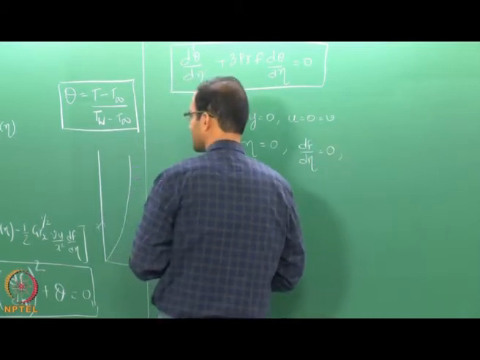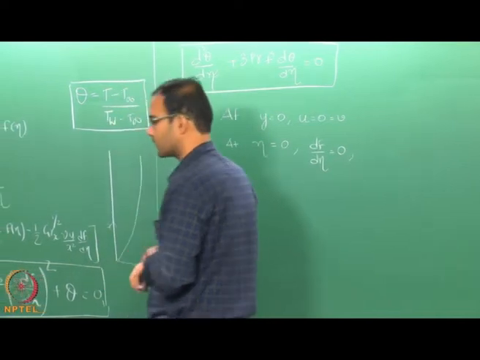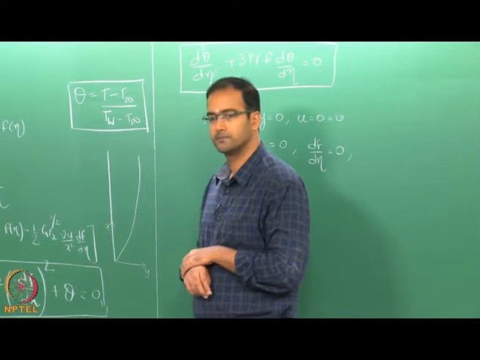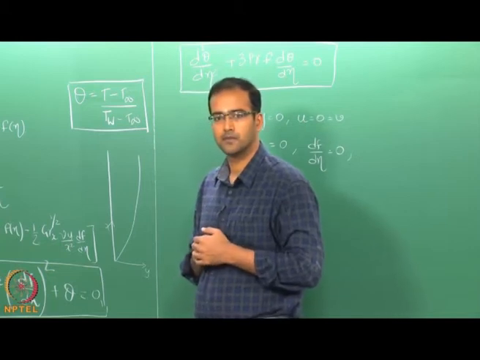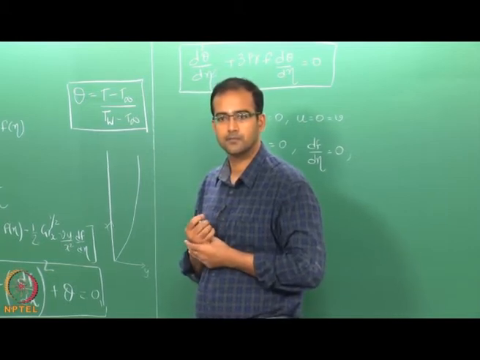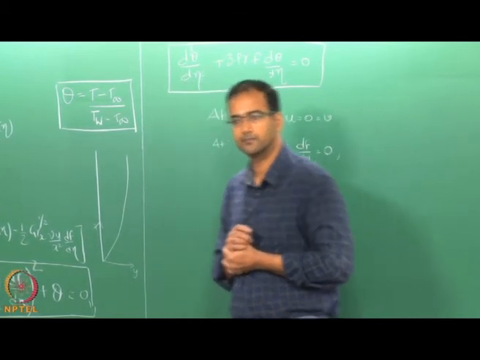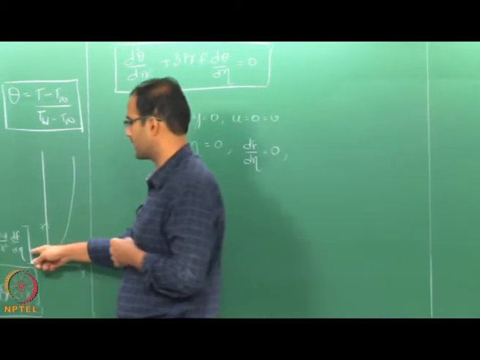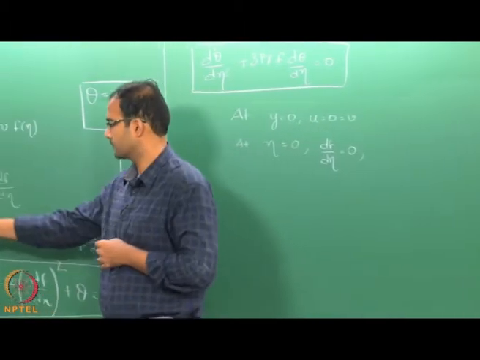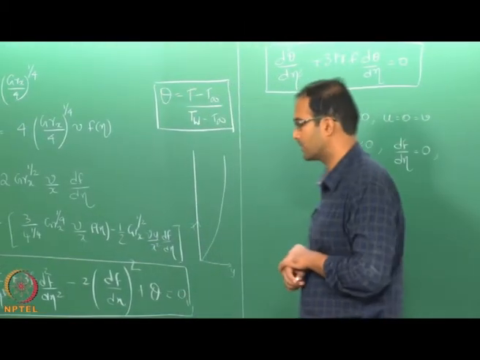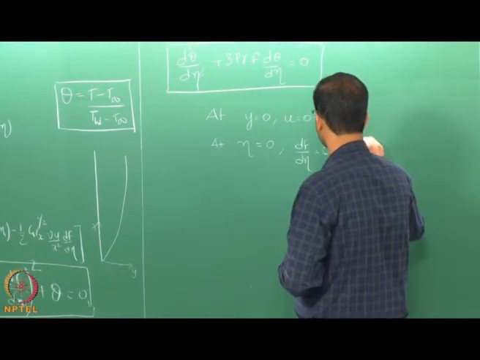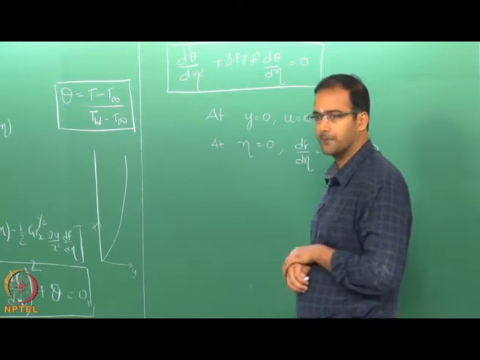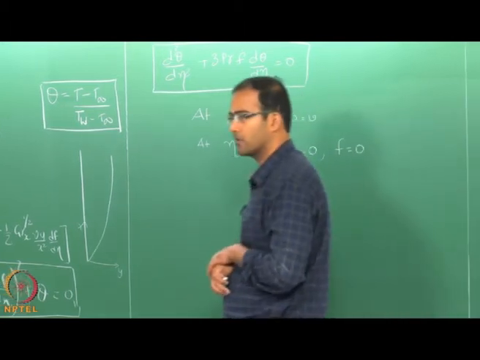And can we say something else from the v velocity, when v equal to 0? At eta equal to 0, v equal to 0, so therefore f equal to 0. Okay. So, we need one more condition.